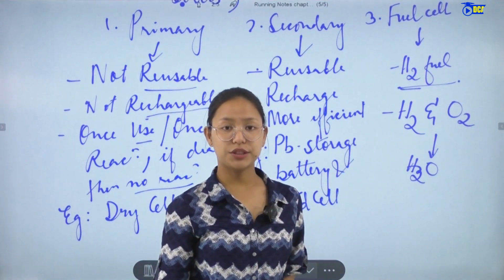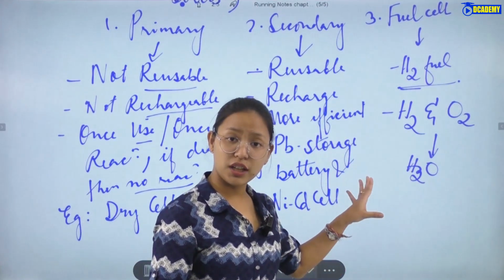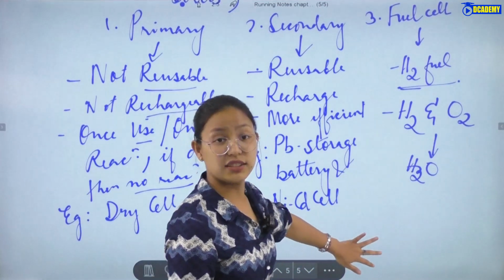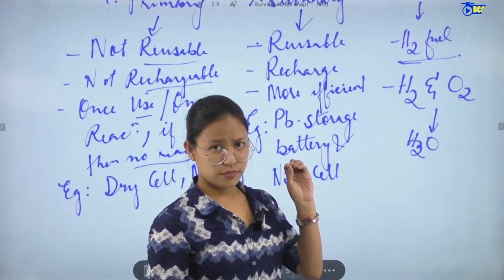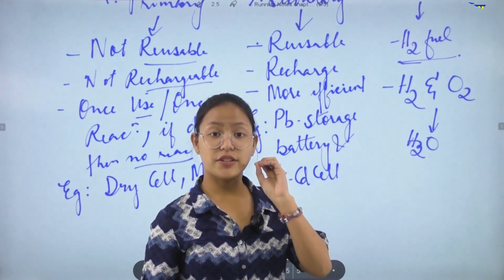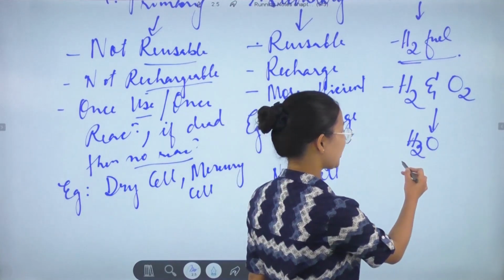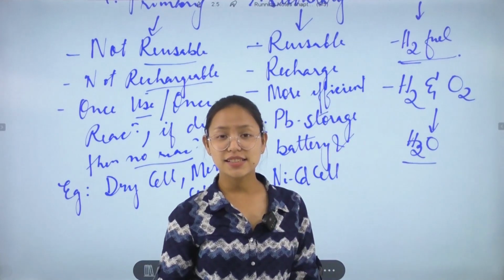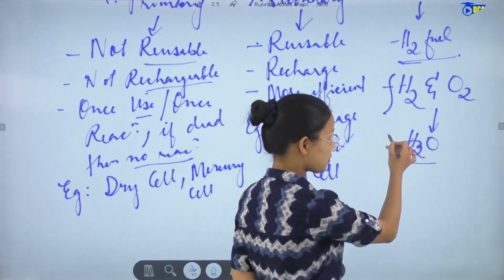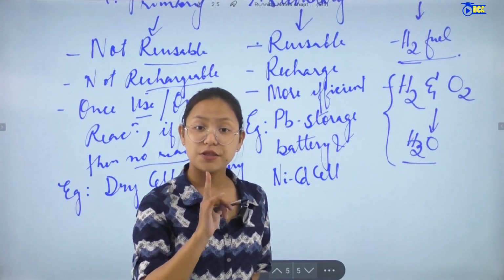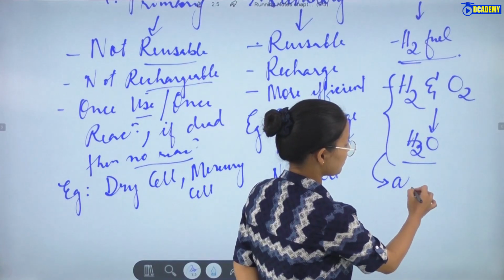Is this water pollution controlling, or a pollutant? No, water is very beneficial, highly beneficial, it is very important. That is why this hydrogen fuel is used in space by astronauts.